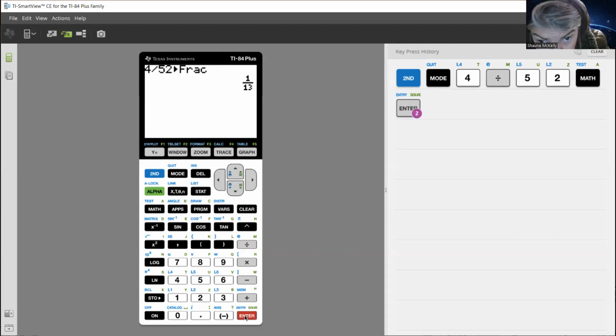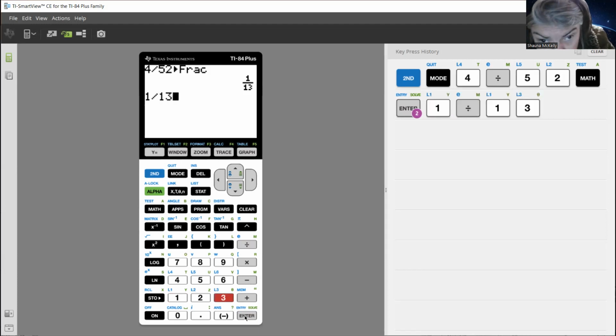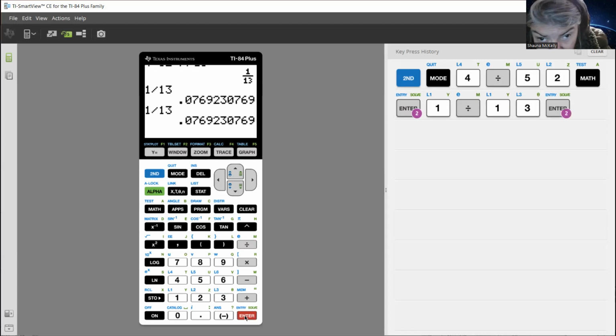This is 1 over 13. Then if you want to convert that to a decimal, you can go 1 over 13. There's my decimal number: 0.07692. And you can multiply that by 100 to get your percentage.